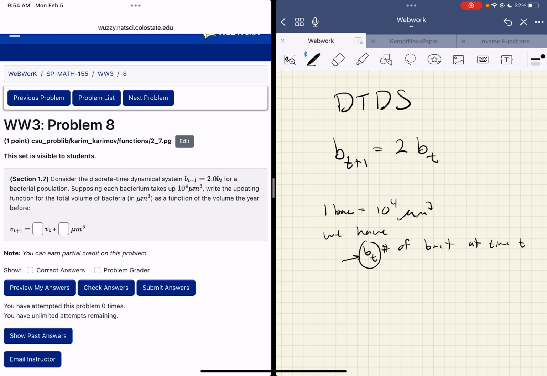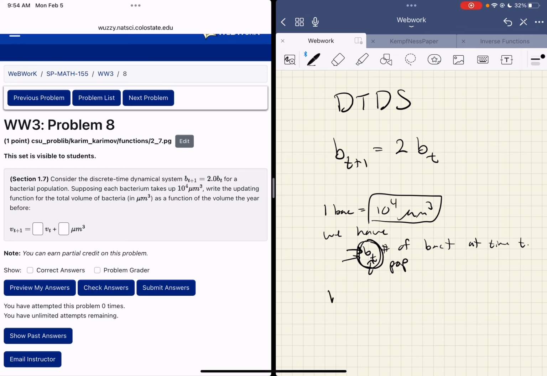That's what this represents. That's why we use these two letters. B is letting us know we're measuring the number of bacteria, and t lets us know when we took the measurement. But as a whole, B sub t is a population. And each member of that population has this much volume.